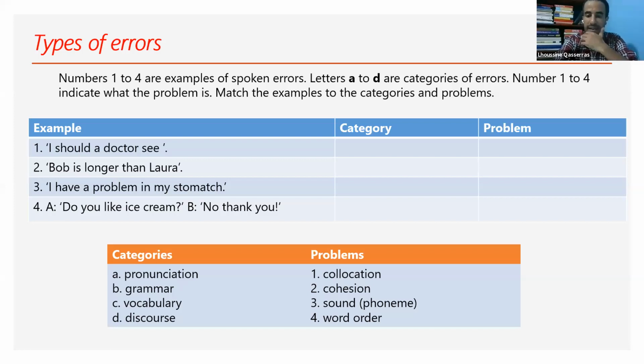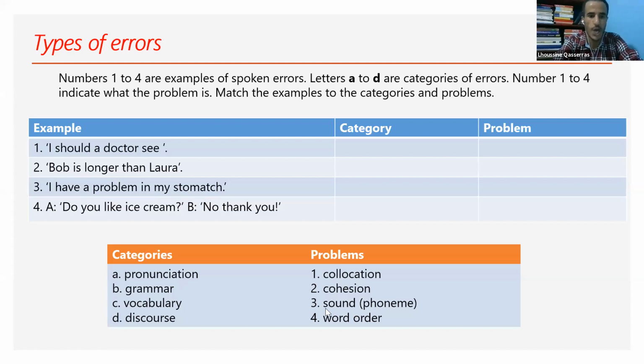Good. So let's see. I have a problem in my stomach. It's a pronunciation problem, stomach. And it's about sound. Number 3. So A, number 3.